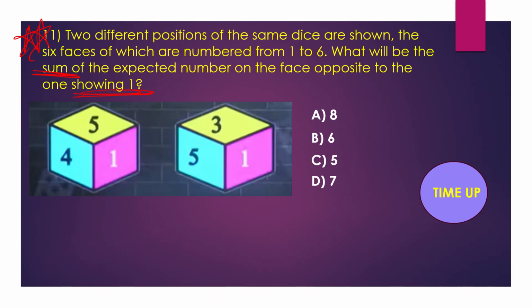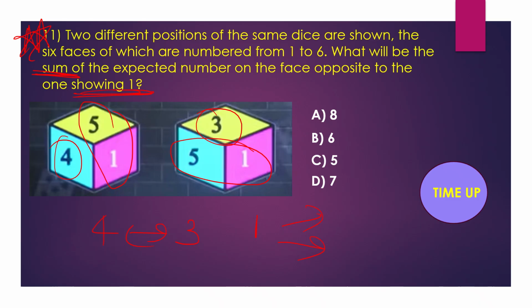So how many common faces are there in both the dices? Here if you see, two faces are common, that is 5 and 1. So the rest will be 4 and 3. Correct? So now we want to find out the opposite of 1. So what numbers are left? 1, 5, 4, 3 are already there.